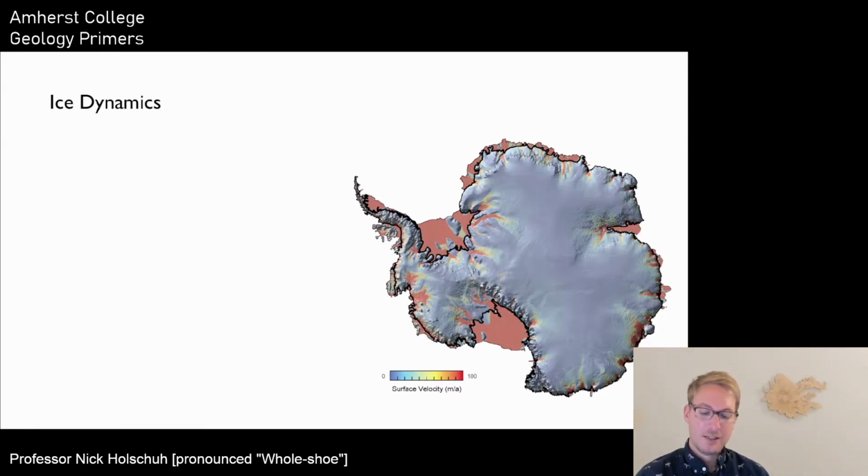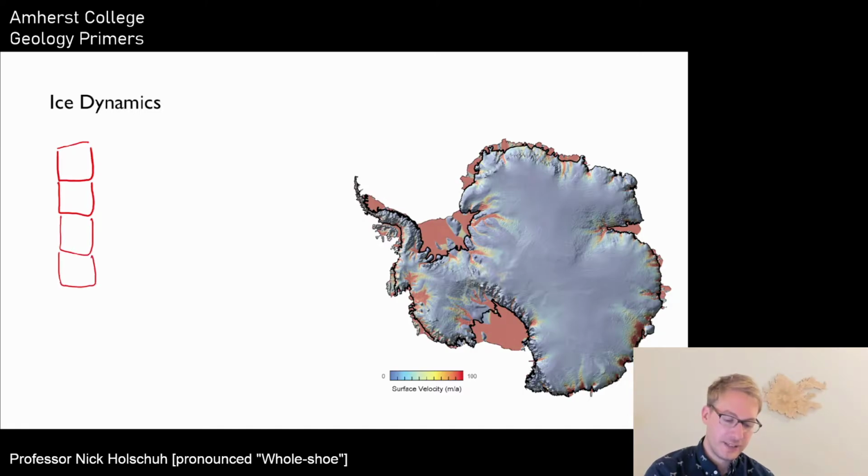Ultimately, ice flow can occur by two processes. The first process is simply the deformation of ice itself. So if we imagine a glacier as a stack of boxes of ice, so this is vertical here, each of these boxes can deform, subject to the stresses that are being applied. It turns out that the stresses are higher at the base of glaciers than near the surface. We'll talk about why in a second.